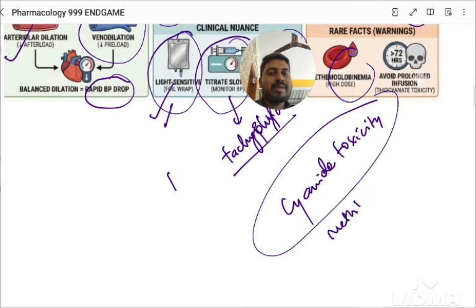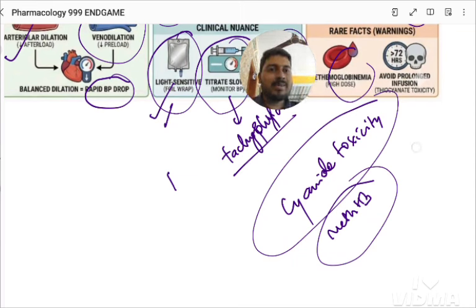Actually, I had a case when I was a third year resident in PICU. We had a child with chronic glomerulonephritis. We were suspecting RPGN, rapidly progressive glomerulonephritis. Because of that, the child had hypertension, and she went into hypertensive urgency.